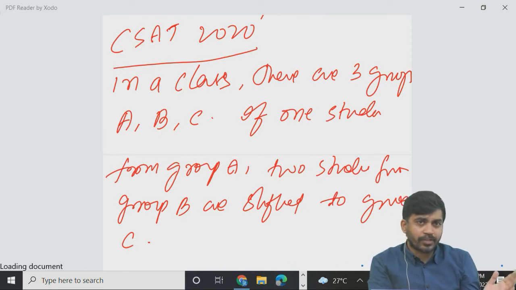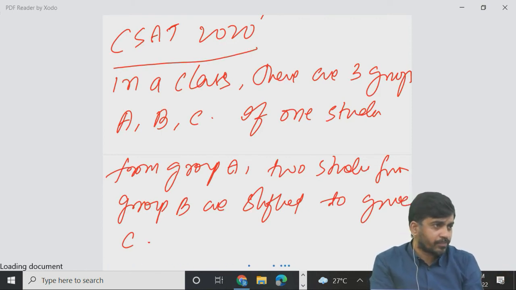One student shifted from A to C. 2 students from B to C.